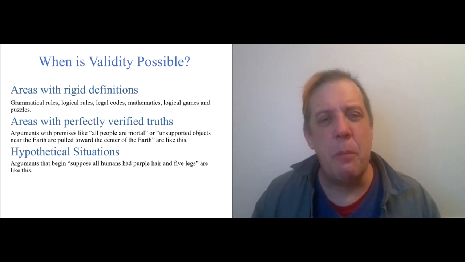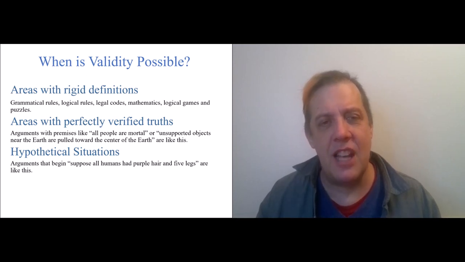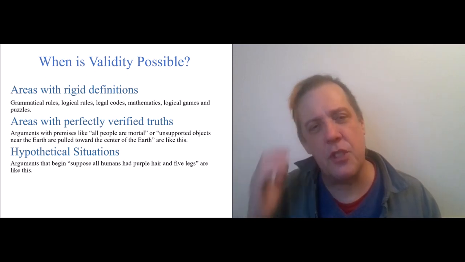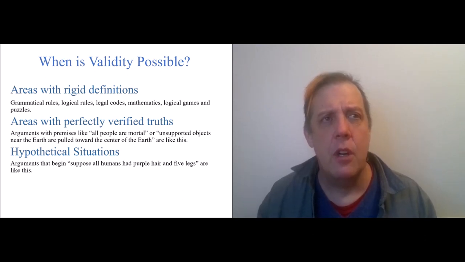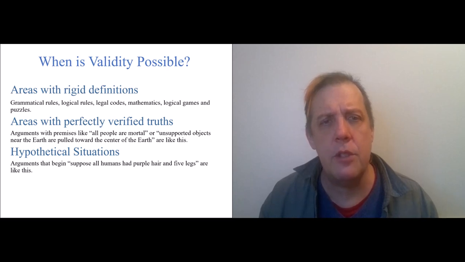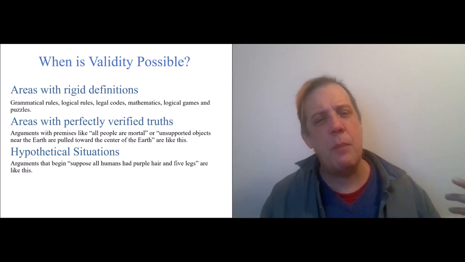Valid arguments are also possible in hypothetical situations if we just imagine that we've got a perfectly verified truth. So we can say, all humans have purple hair and 5 legs, or all people are carrots. As long as we're imagining that these universalizations are as true as 2 + 2 is 4, then we can make validity possible.